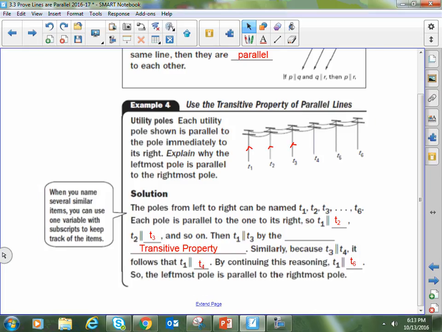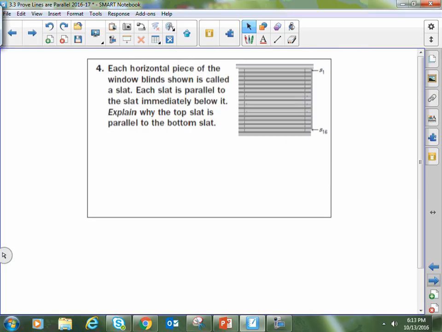To me, that's a very obvious thing. I would argue that's something I can accept without having it explained. If one thing's parallel to the next all the way down, then the first one is going to be parallel to the last one.